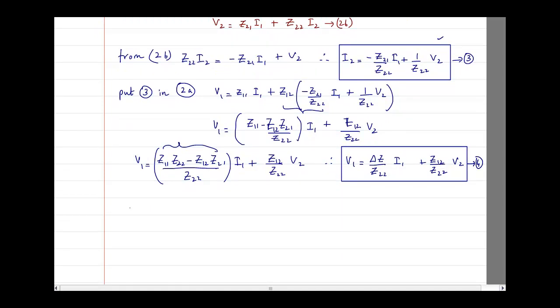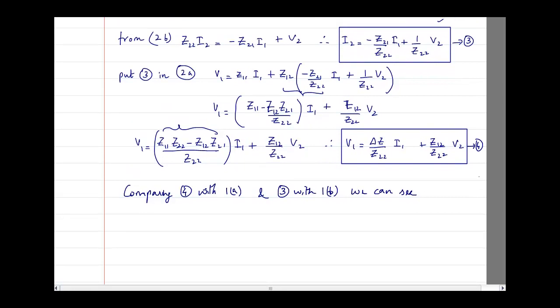So comparing 4 with 1a and 3 with 1b, we can see, what do we see?